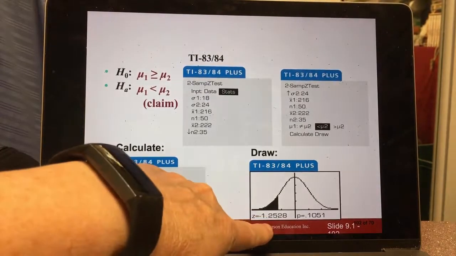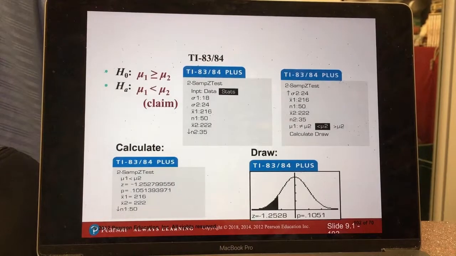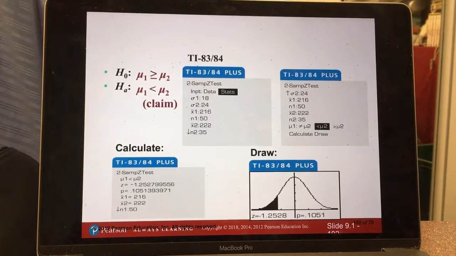And if we draw it, we get those on the screen, which is cool. It still does not make our decision for us because there's no place in here to put in the 0.01 alpha level of significance. You get to make that decision. You just have all of this information from your calculator.